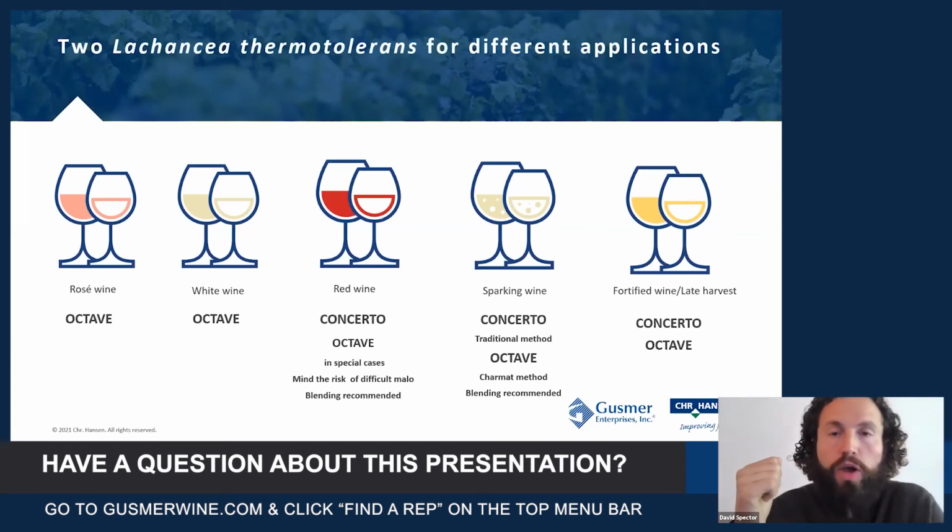But we also have many customers in cool climate regions, and today we have someone asking a question from Minnesota, a winemaker from Minnesota. I know that we spoke about Prelude potentially being very good in high osmotic pressure wines like ice wines in Canada.